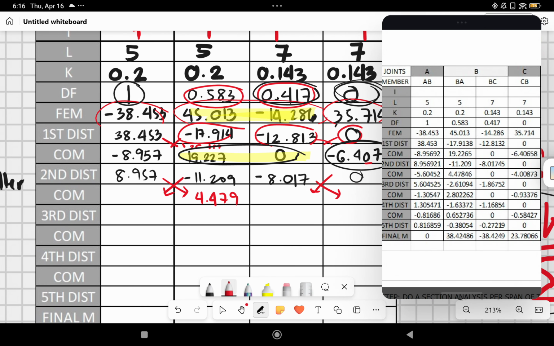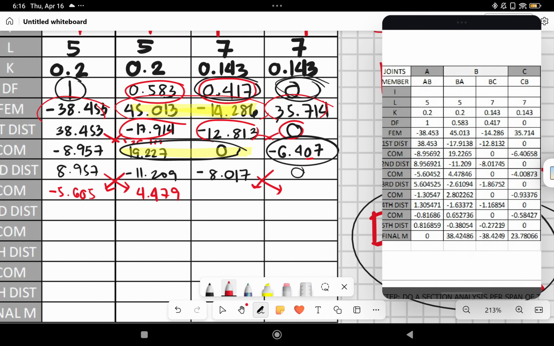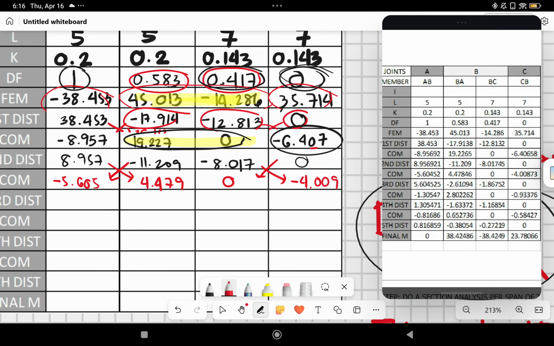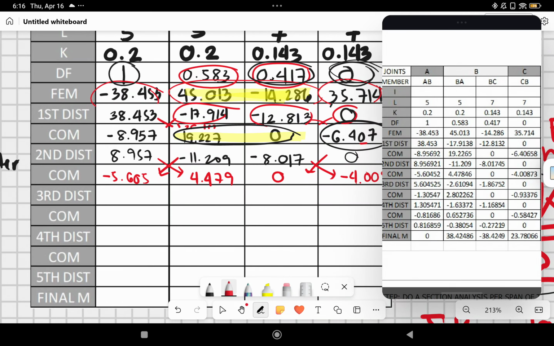Negative 11.209, that is negative 5.605. Okay, 0 divided by 2 is 0. Negative 8.017, that's negative 4.009. So we repeat the process again sa third distribution.